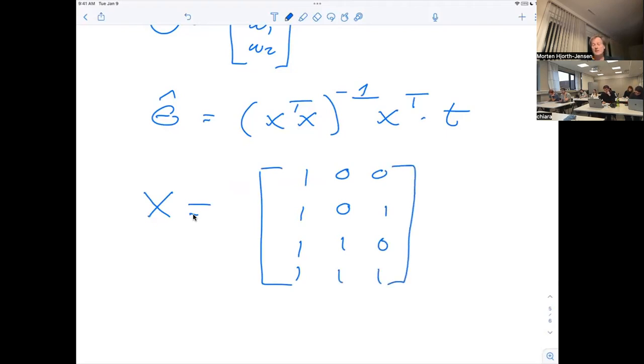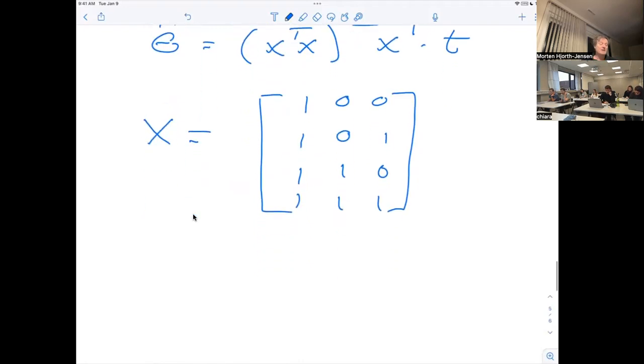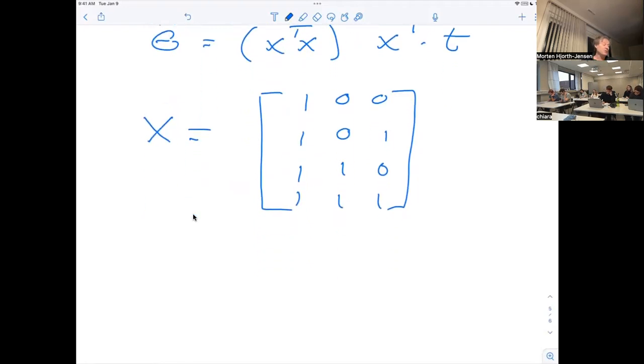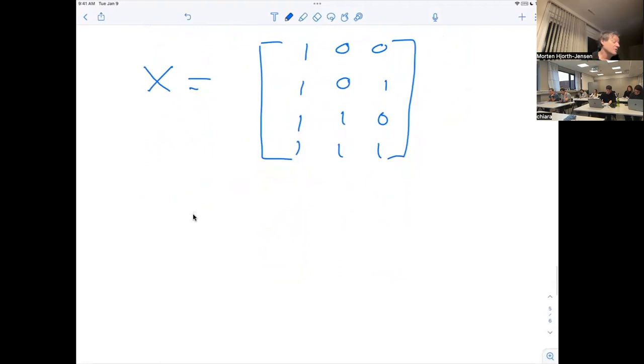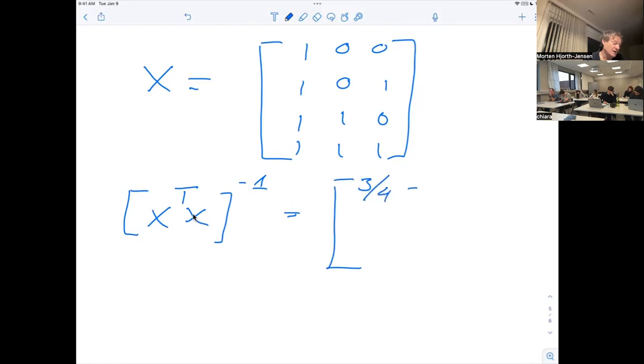So this is the way the design matrix is going to look like. And we can actually calculate easily the design matrix transpose times X. And we can also put up the inverse. So it's pretty easy to calculate that one. And if you do that, you will get 3 divided by 4, minus a half, minus a half, and this is minus a half.